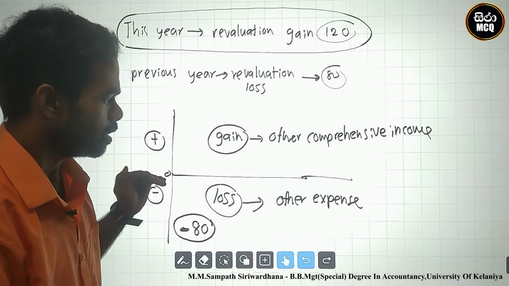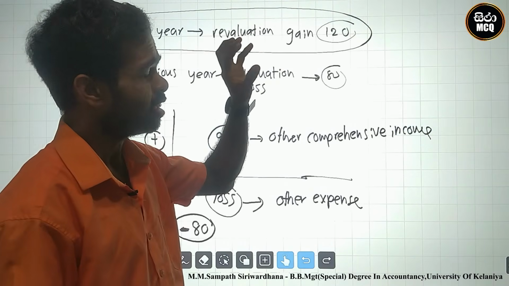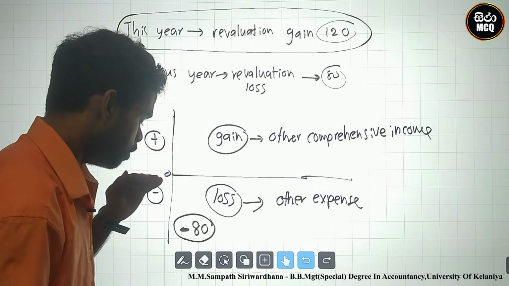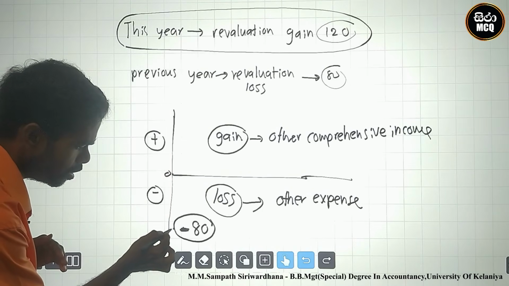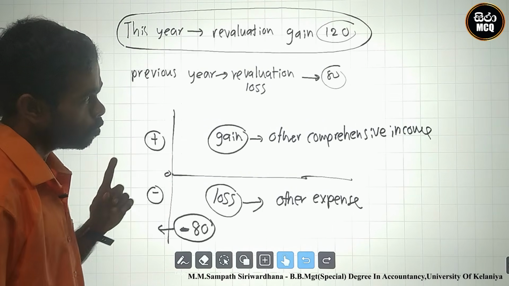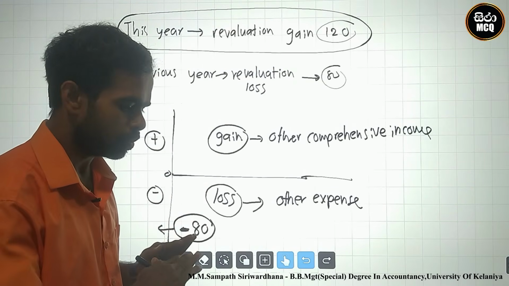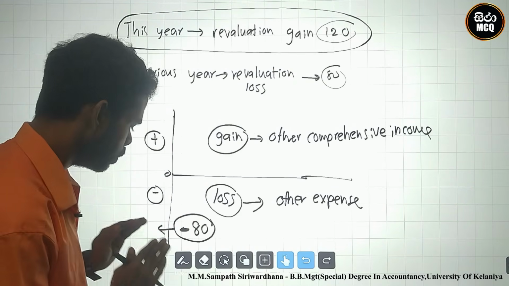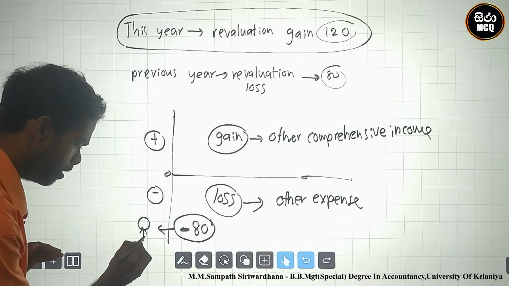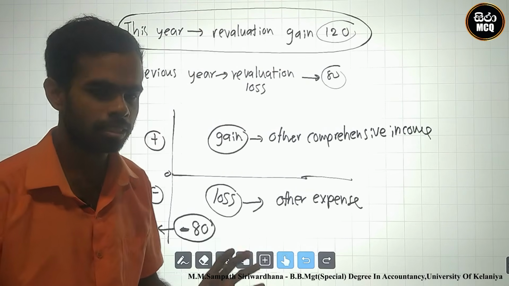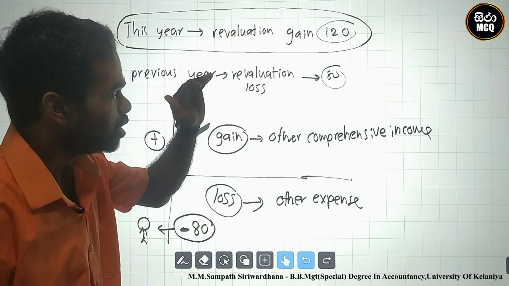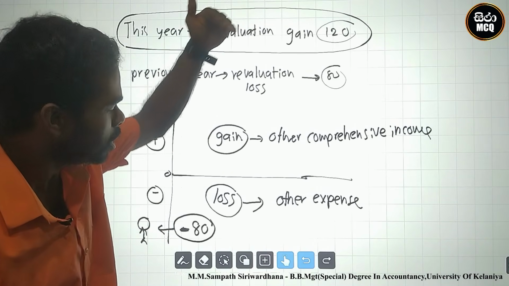Now, this is the gain 120. Firstly, you must start from the previous year. The previous year 80 is the previous situation. You must go to this area firstly. This is the area, you must start the location. You must go to the gain 120.